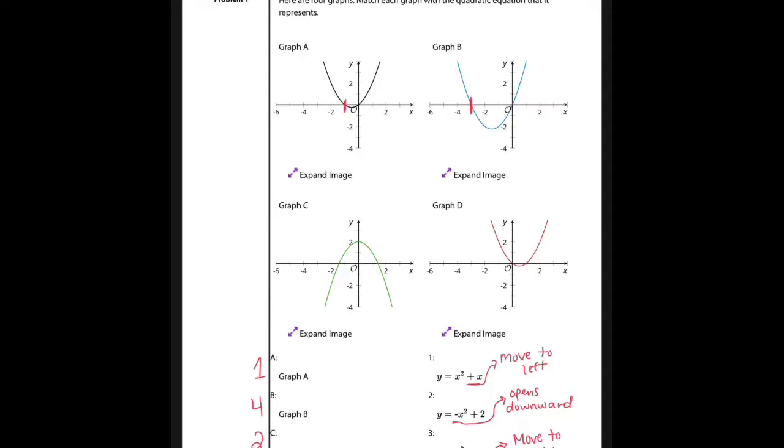Graph C represents 2 because it opens downward, since it is a negative right here. And then graph D represents 3 because you will move it to the right and it'll cross right here at 1.